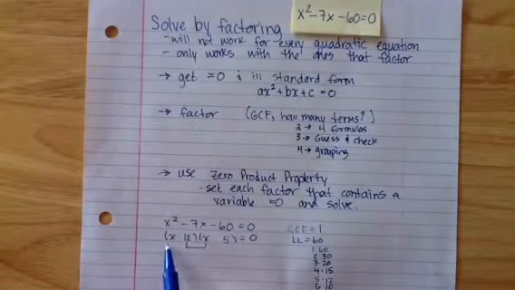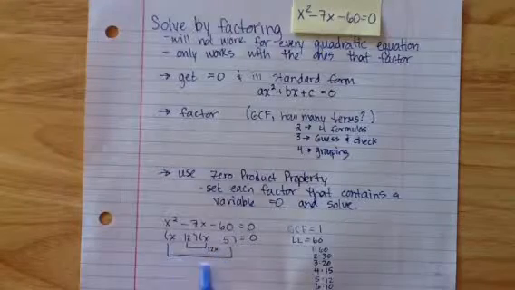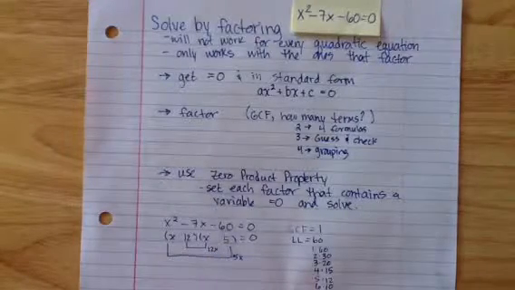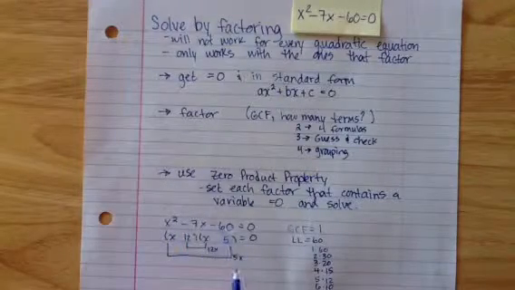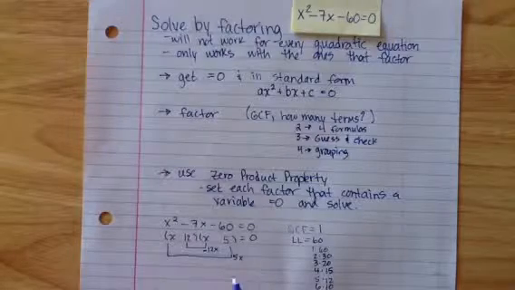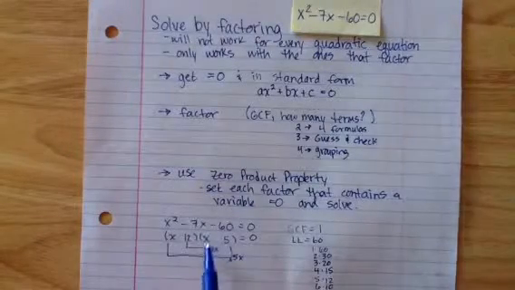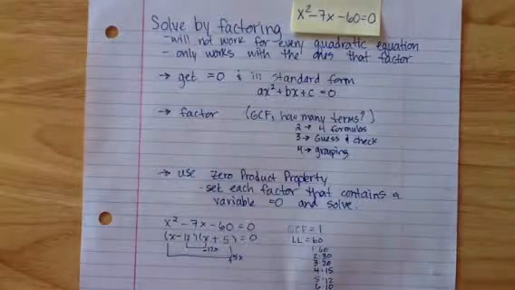When I check my outside and inside terms, 12 times x is 12x, and x times 5 is 5x. The difference between 12 and 5 is 7. I need that to be negative, so I need the 12x term to be negative and the 5x term to be positive, so that will be x minus 12, x plus 5.